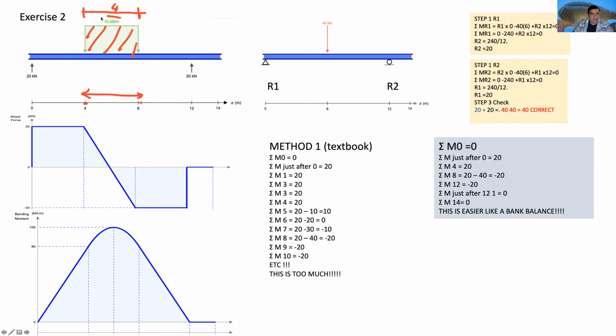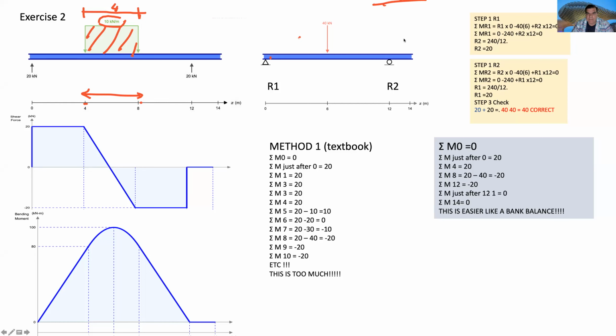You multiply 4 by 10 because it's 10 kilonewtons per meter. It can be 10 pounds per meter. You multiply by 4 and you will have 40.